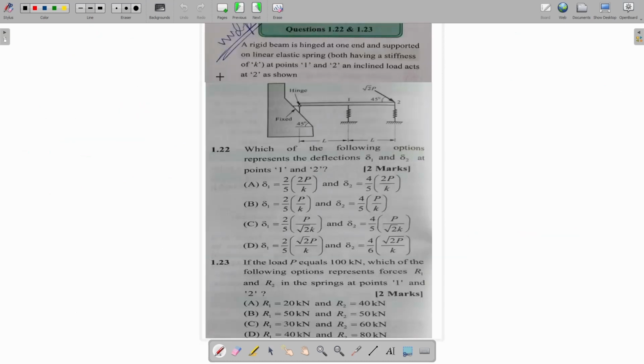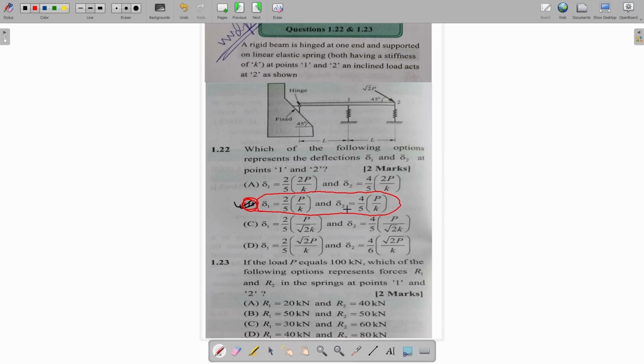Therefore, our answer in this case is option number B.